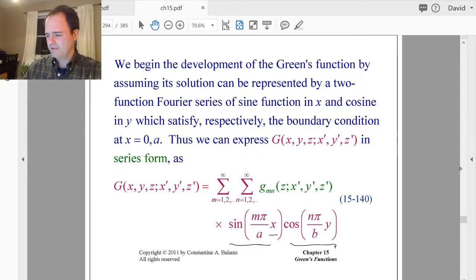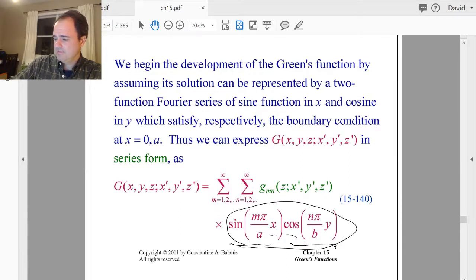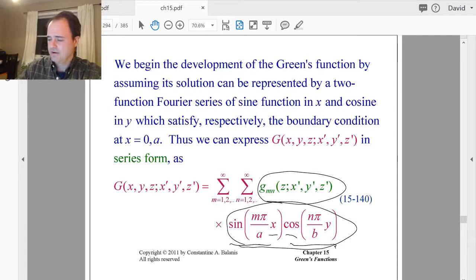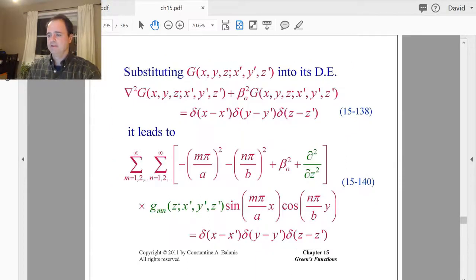But in terms of E of y, it turns out we need the cosines here. So we do a trial solution where we have g equal to this times an amplitude or coefficient in front of our sines, where m and n are integers that we're summing over, and these are the coefficients out in front.